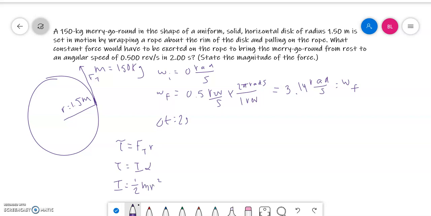And our angular acceleration is equal to the change in the angular velocity over the change in time, which is simply the final angular velocity minus the initial over the change in time. And then if we set these two equations equal to each other, we'll be able to solve for the force.